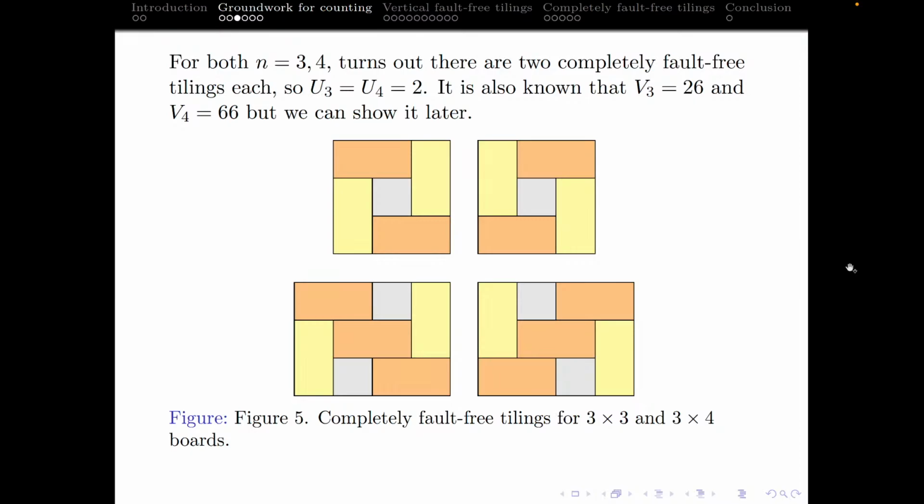So eventually, when we get to that, we'll be considering only the half values of u_n, only certain kinds of tilings, which we denote by t_n. But anyway, I'm getting ahead of myself. It is known that v_3 equals 26 and v_4 equals 66, but we can worry about that later on. So these are the 3 x 3 and 3 x 4 completely fault-free tilings.